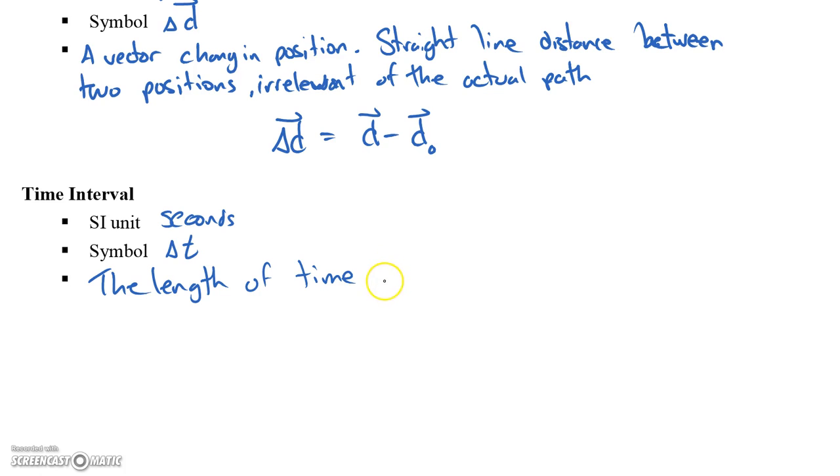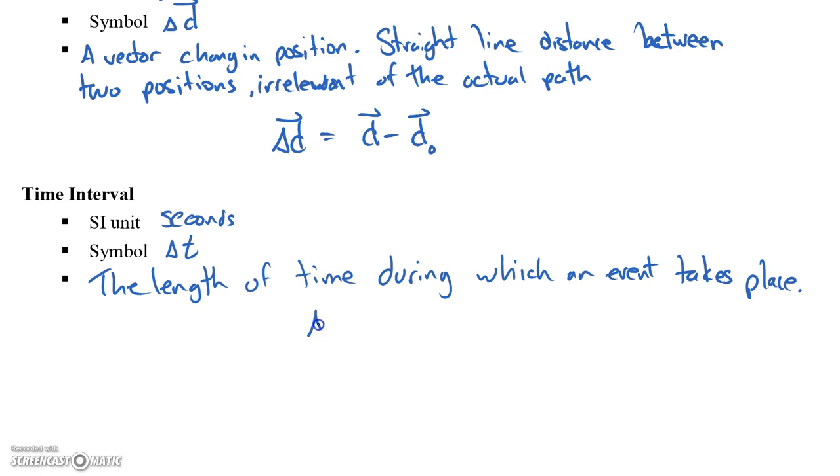The length of time during which an event takes place. And we'd have an equation, delta t equals t minus t naught.